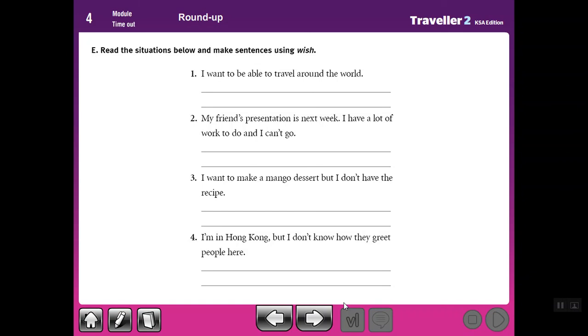In this exercise, we will talk about and revise wish, أتمنى. As we said before, using wish refers to two uses. Number one: when we express that we need or desire a different situation.